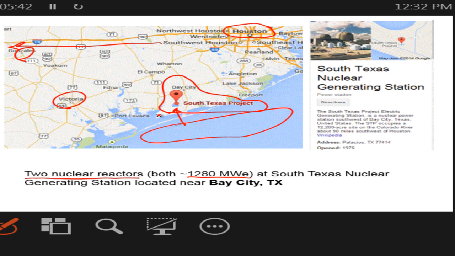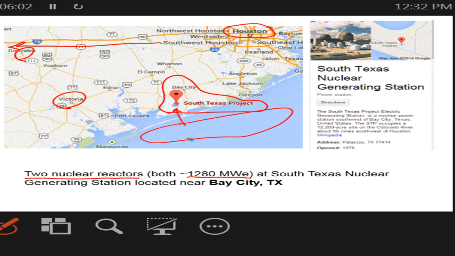They have 2 reactors now operating, been operating since the early or mid 80s, I can't remember the year. And then they were going to build 2 more at that site because they have plenty of capacity in the lake for cooling water. They designed the civil structures to accommodate it.